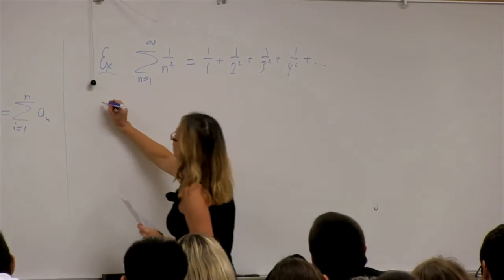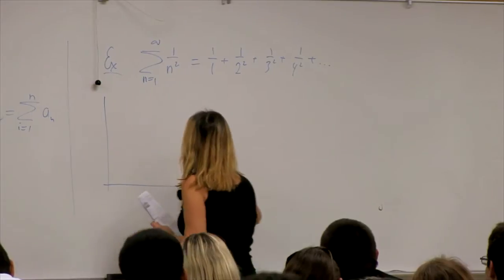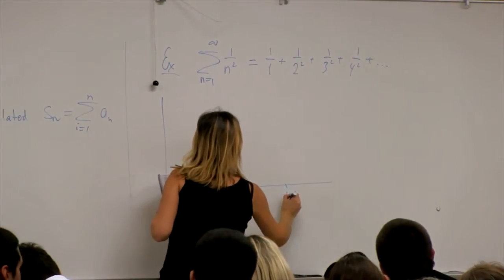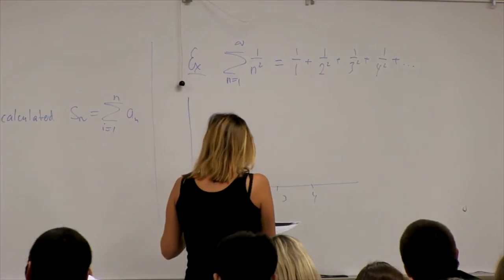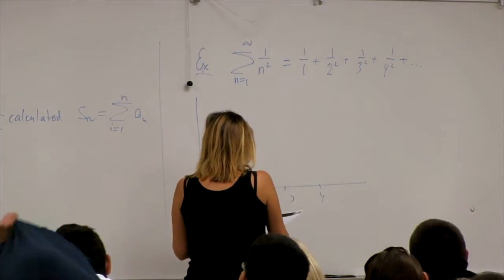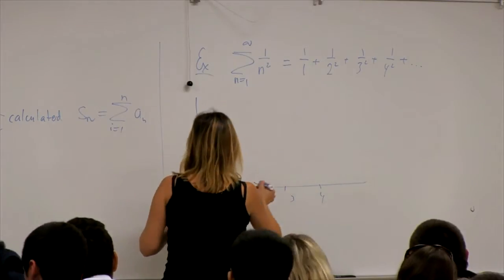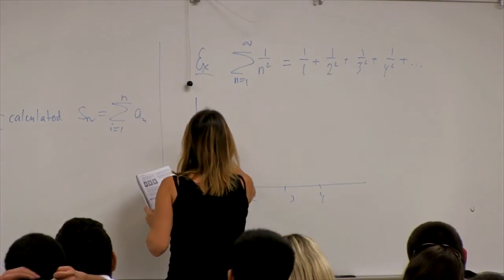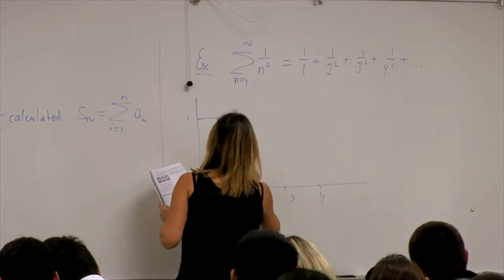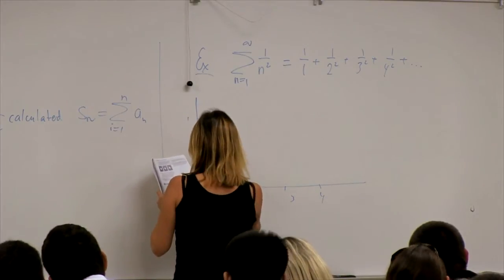So let us draw this sequence. Okay, so we have 1, 2, 3, 4. And the value here is 1. The value here is 1/4.